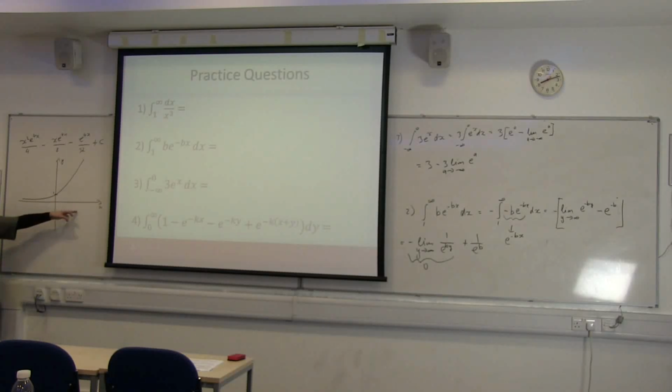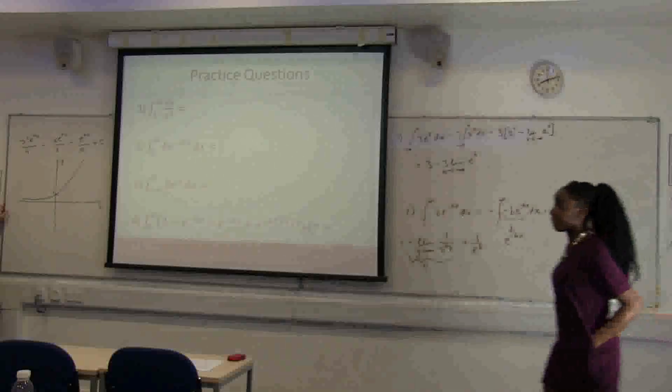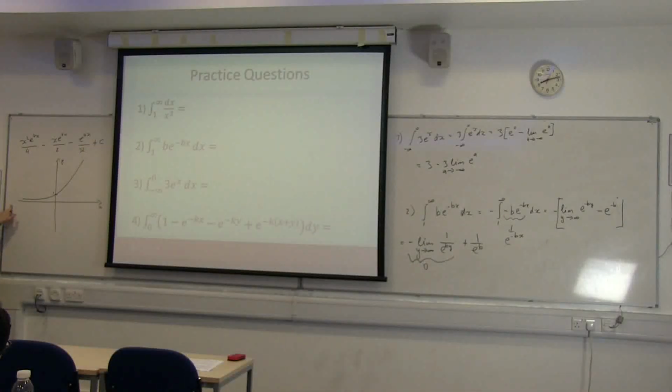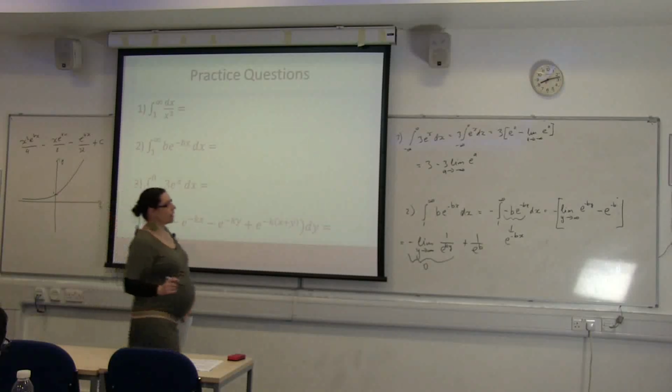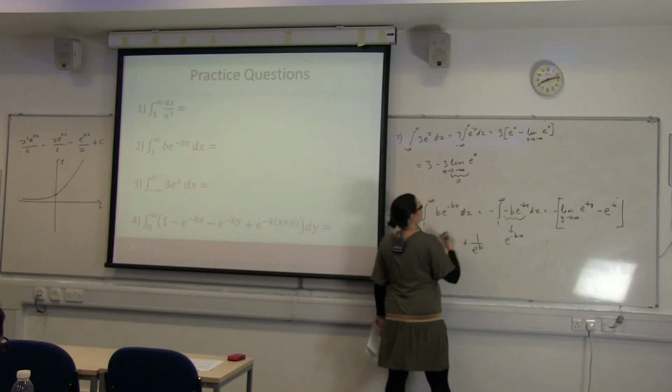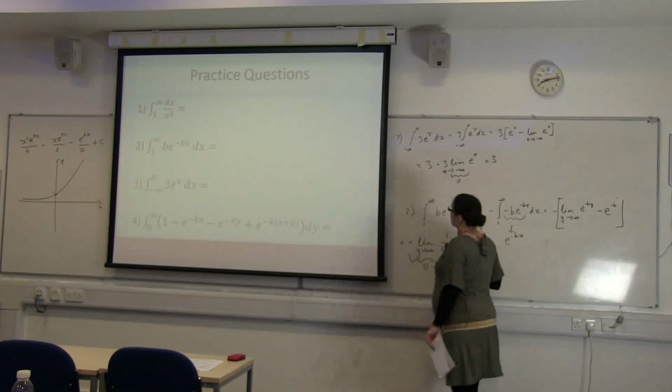So, if x goes to negative infinity, where does e to the x go? It goes this way. What is y tending to? 0. So it's getting closer and closer to 0, but it never reaches 0. So this limit is 3 times 0, which is still 0. So the overall solution is 3.